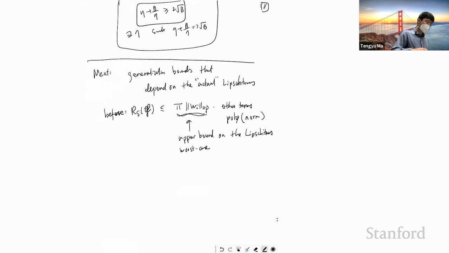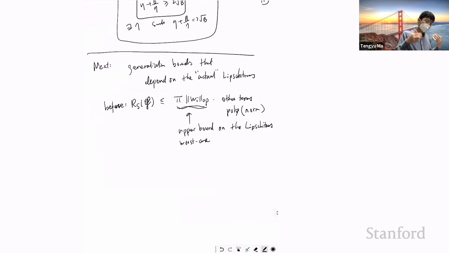So that's why we are going to replace this. Basically, the high-level goal is to replace this product of the spectral norms by something that is more accurate. And there are several motivations to do this.